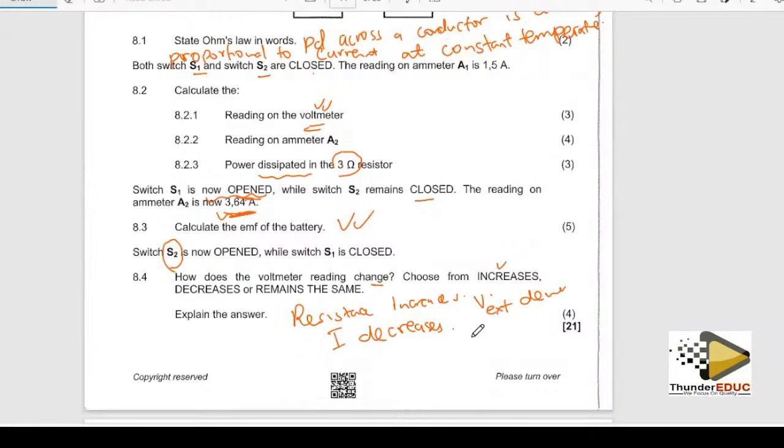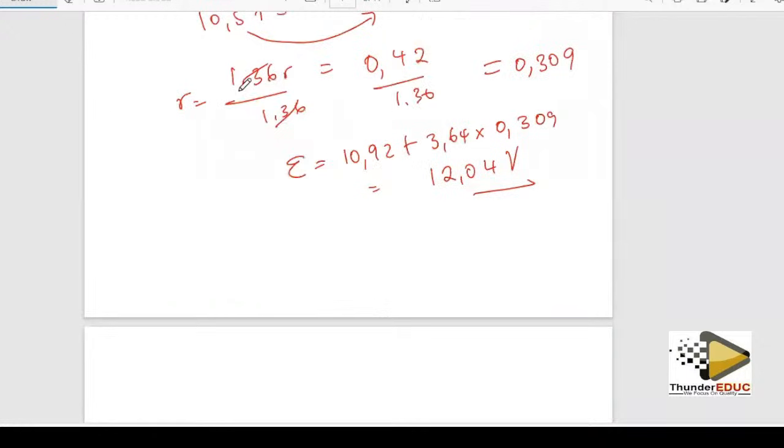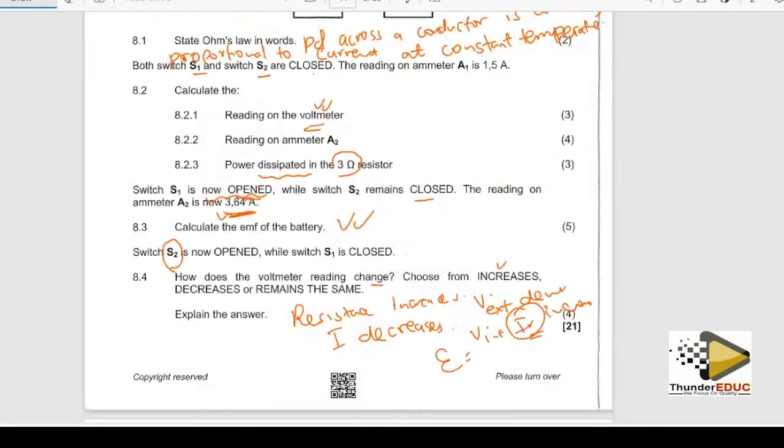But then the V internal, which means the Ir, must increase to make sure that the EMF is maintained. So if the internal voltage increases, the voltmeter reading is going to increase, since remember, the voltmeter is connected across the battery source.